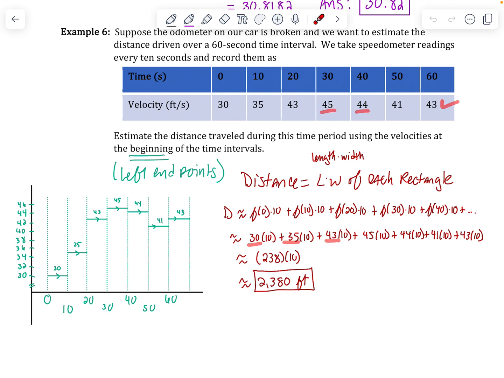We need to add 30, 35, 43, 45, and so on until we add the last value. That's 238 feet per second combined, multiplied by 10. Because this is in feet per second, we traveled 2,380 total feet in 1 minute, which is 60 seconds.